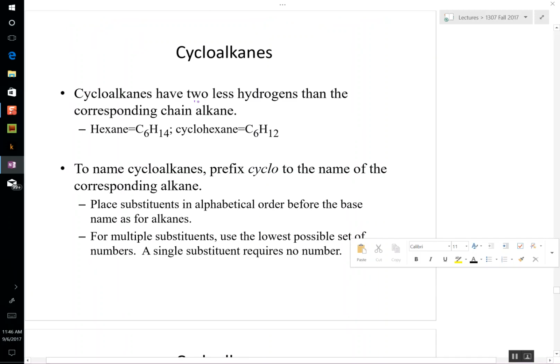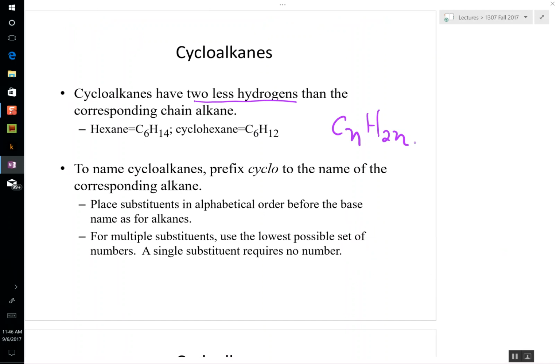They have 2 less hydrogens. For a cycloalkane, you can't just say it's CnH2n+2. It's actually CnH2n, period. So cyclohexane has 6 carbons, and each one of those carbons has 2 hydrogens on it.